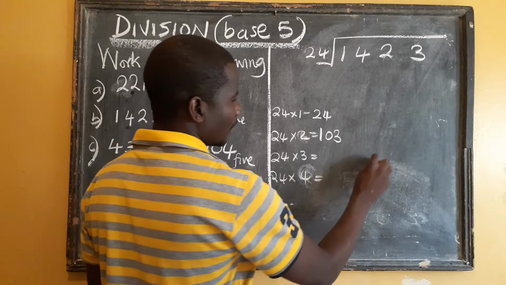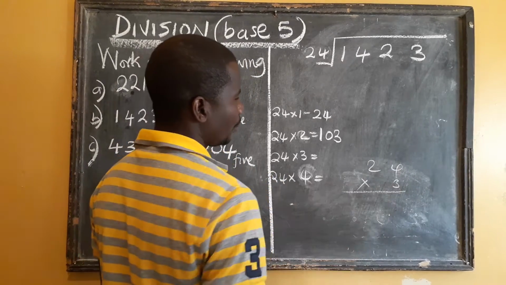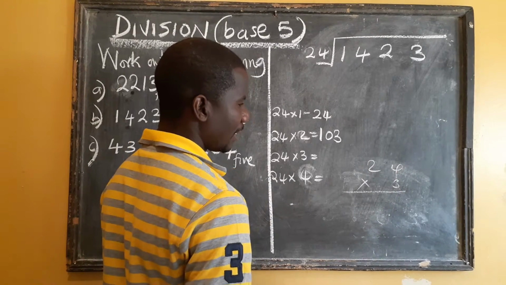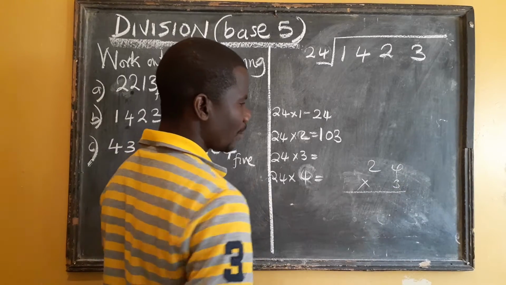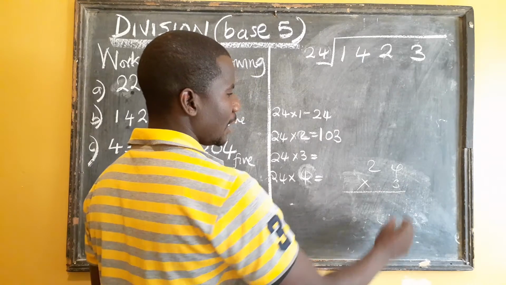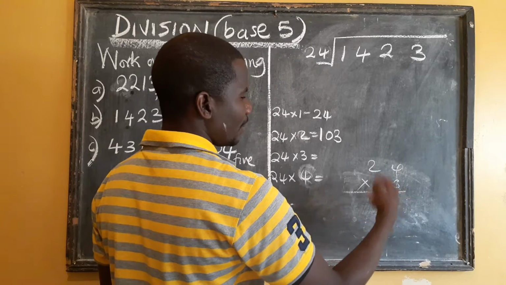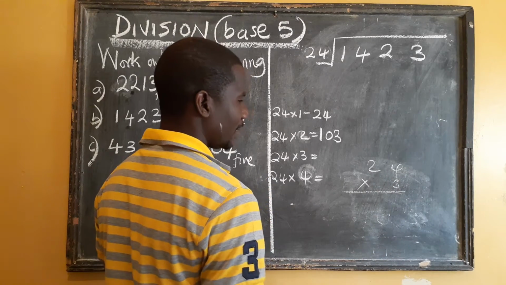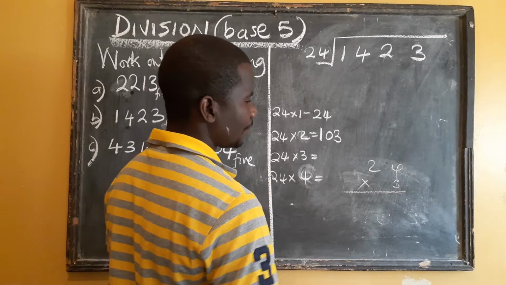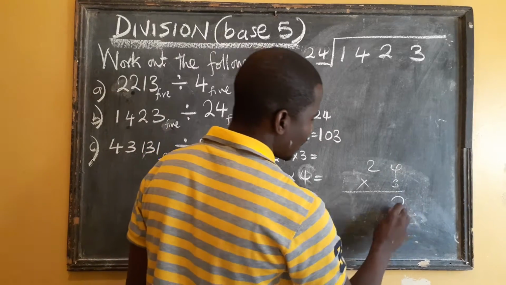We come to the next one, 24 multiplied by 3. You multiply this, that will give us 12. When you divide that 12 by 5, what do you get? 2 remainder 2. So we write the remainder 2.